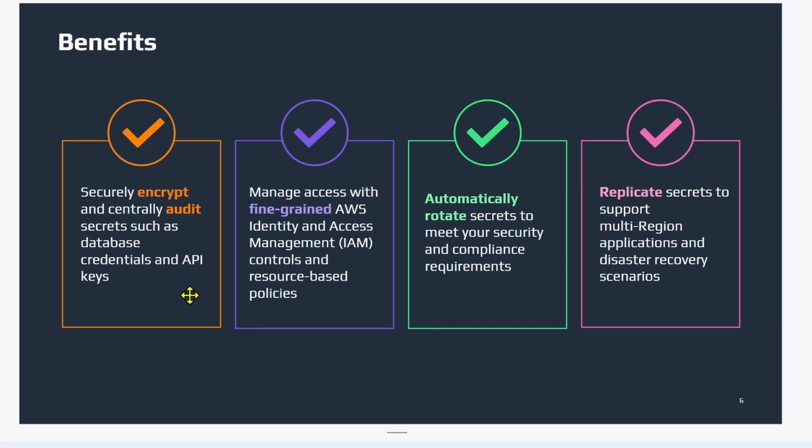I know it's not that simple to rotate secrets, but when you use Secrets Manager, it will tell you the strategy for how easily you can rotate them. Replicate secrets to support multi-region applications and disaster recovery scenarios. That's also a pretty important feature which you get with Secrets Manager.